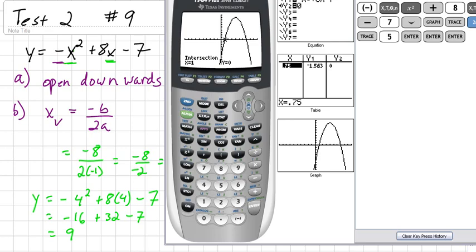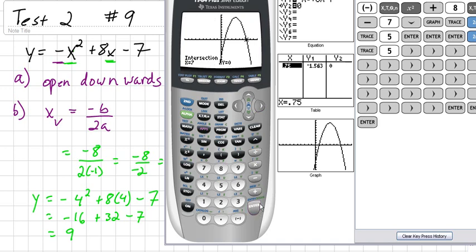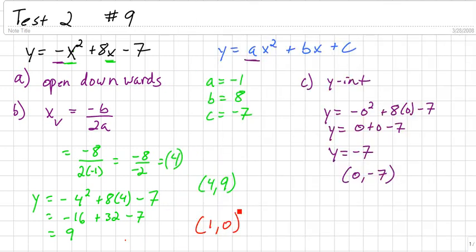For my other intercept, I need to move my bug over closer to the other side. I hit second trace again, choose intersect, move the bug closer to that intersection, and hit enter 3 times. My other x-intercept is 7, 0. So for letter D, my two intercepts are 1, 0 and 7, 0.